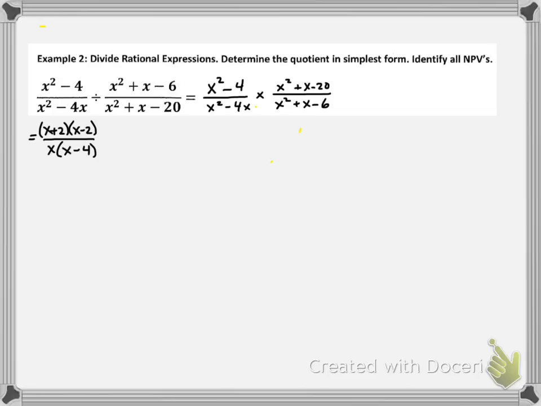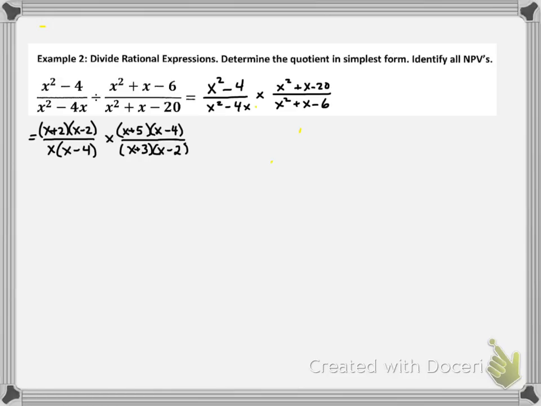Now on the top on the other side, I'm going to have x times x, and two numbers that multiply together to give me negative 20 and add up to positive 1 has to be x plus 5 times x minus 4. And on the bottom, x squared plus x minus 6 is simply going to factor into x plus 3 times x minus 2.